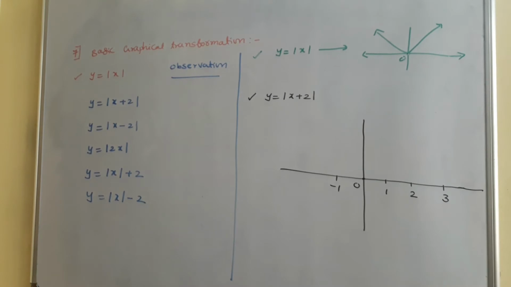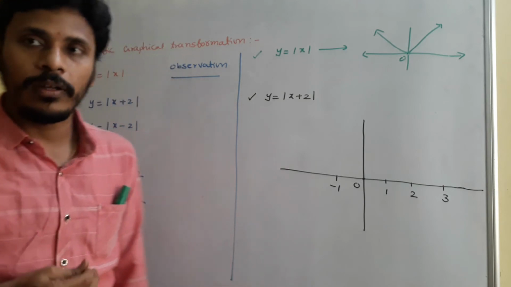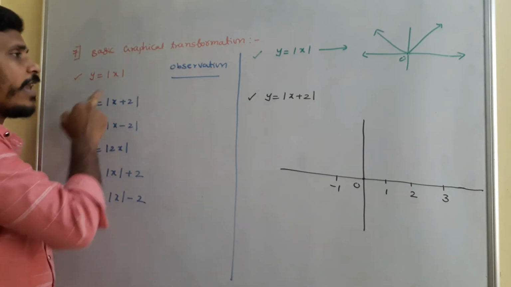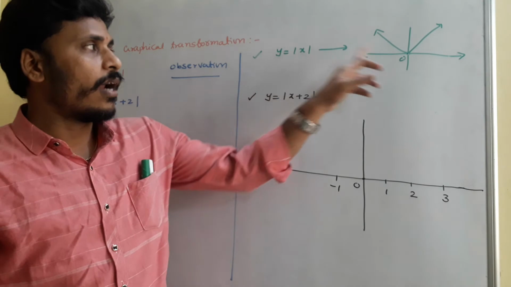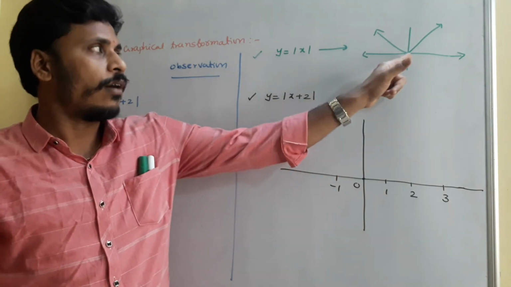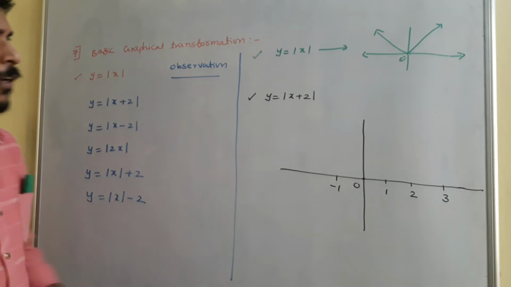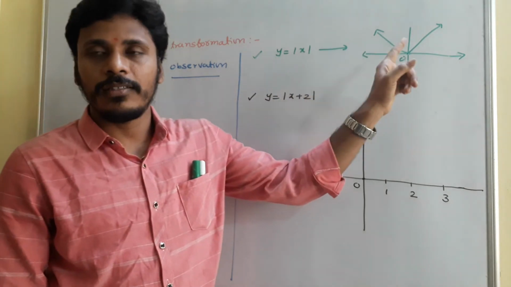In 7th point, we are going to observe some basic graphical transformations, and I am going to discuss those graphical transformations with the help of the known graph mod x. So we know the graph where y is equals to mod x is an exact V shape, which has the vertex at the origin 0, 0.